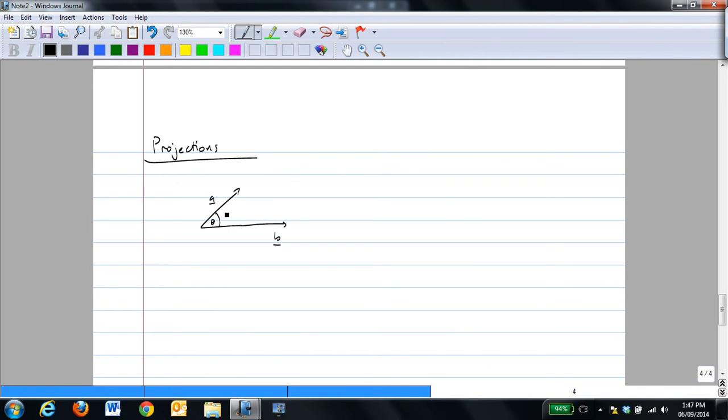So if we want to project A onto B, then this is the vector that we want to find. Sorry about that, that should be straight. So this vector here is the projection of A onto B.